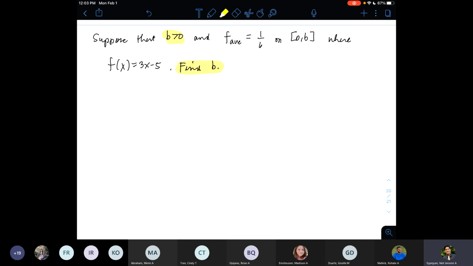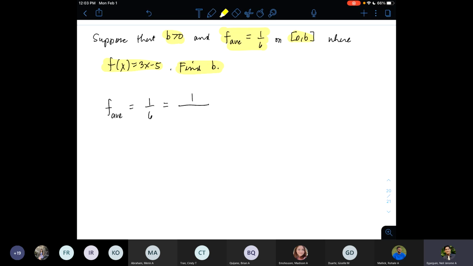Well, we know that b is a positive number, that might come into play later. And then we know that the average value of the function f over the interval 0 to b is 1/6. So basically, from there, we can deduce that f ave is equal to 1/6. But remember, the formula for the average value is 1 over the length of the interval.